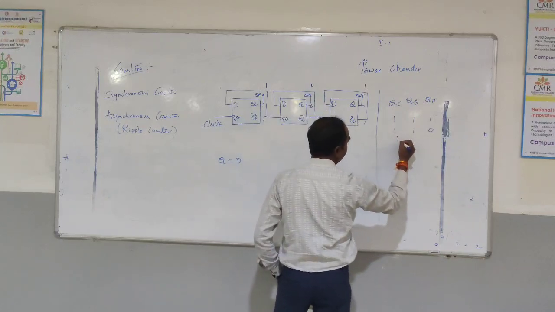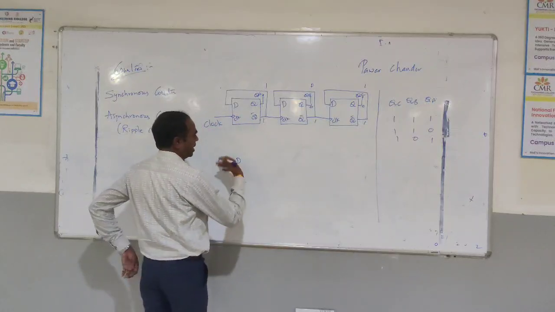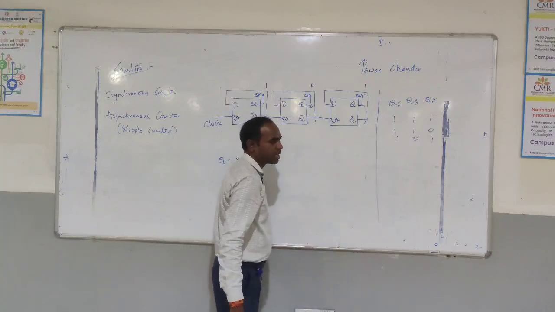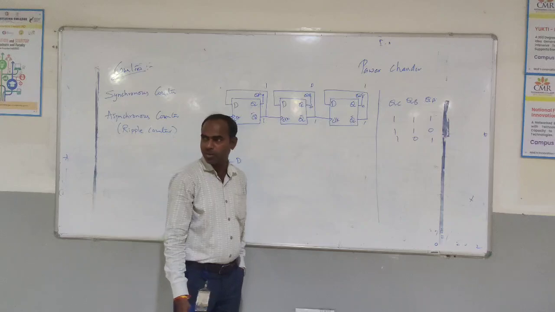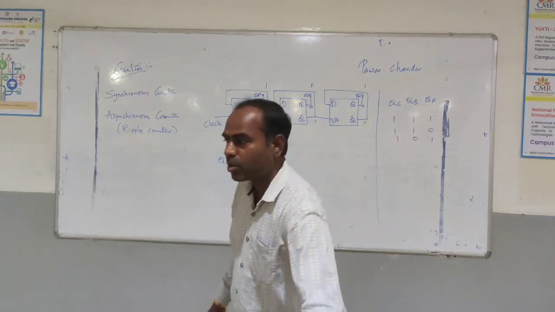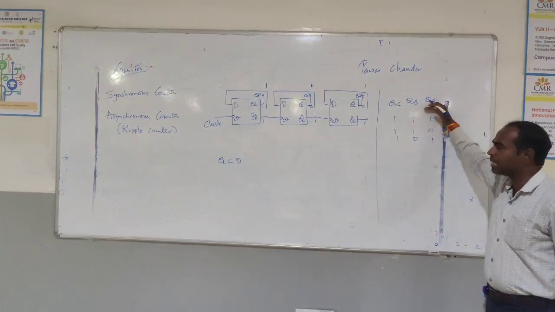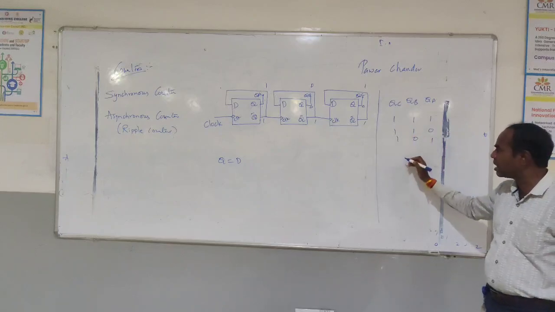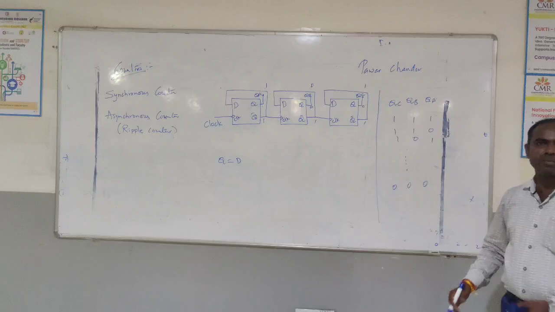So we will get 1, 0, 1. Again we apply the clock pulse in a similar way, so we will get continuous decrement in the counter. So this is the down counter. Here we are down counting, decreasing the count from 1, 1, 1 up to 0, 0, 0.